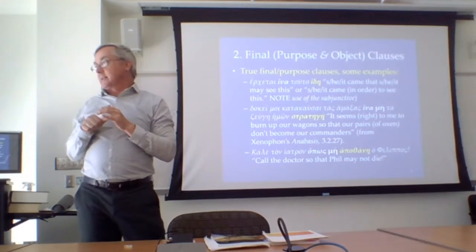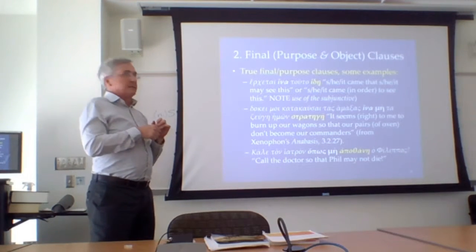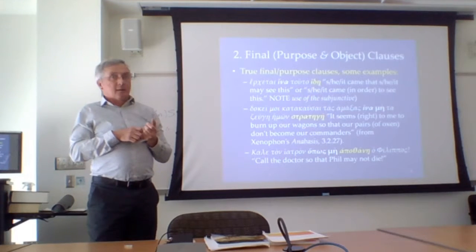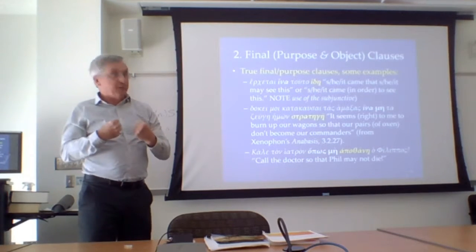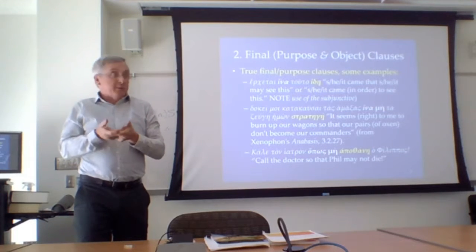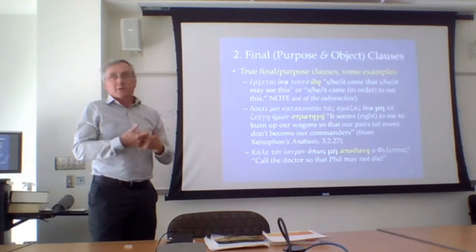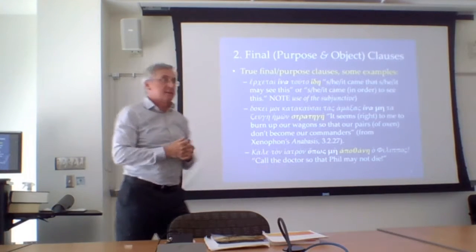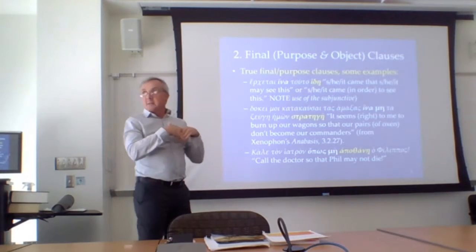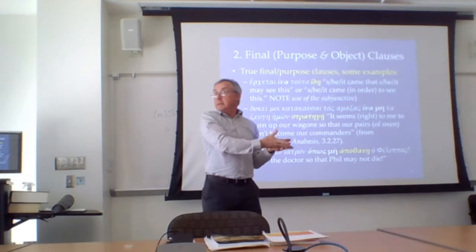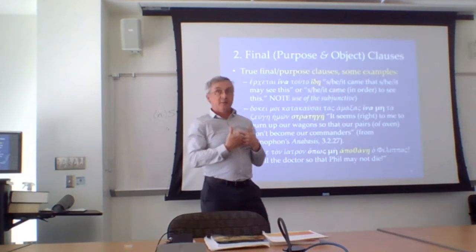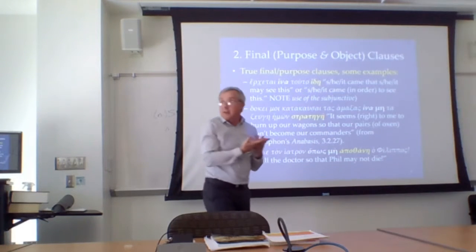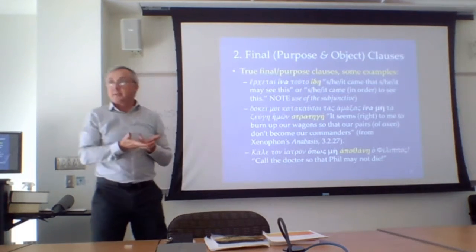The word may, and its past tense might in English, are related to the word might, as in force. It's possible. And that's what you're expressing: it is possible that they will see this. So these purposes are expressing the possibility. Because they've done this, then it is possible for them to do something else. That's their purpose. And that's frankly why the subjunctive is used in these situations.